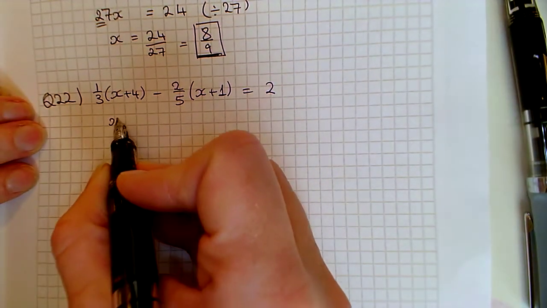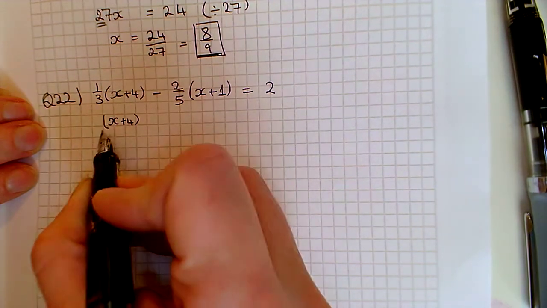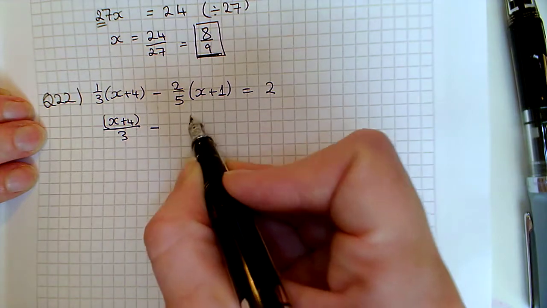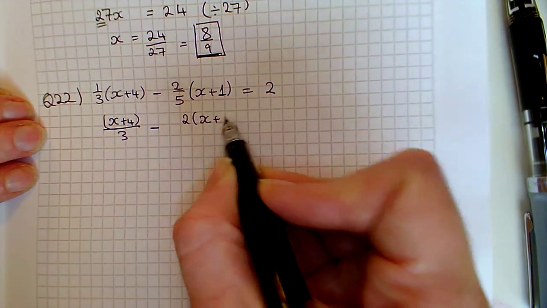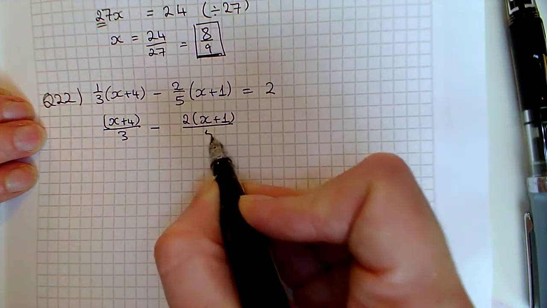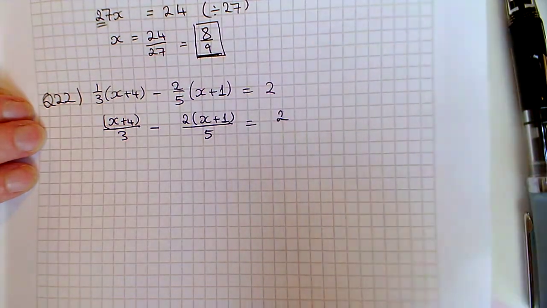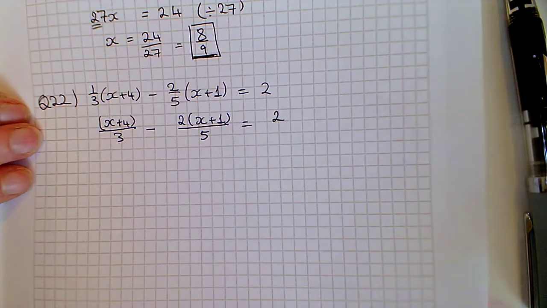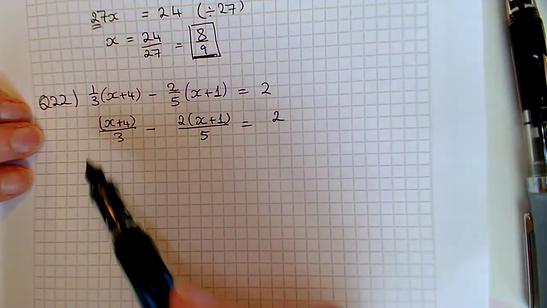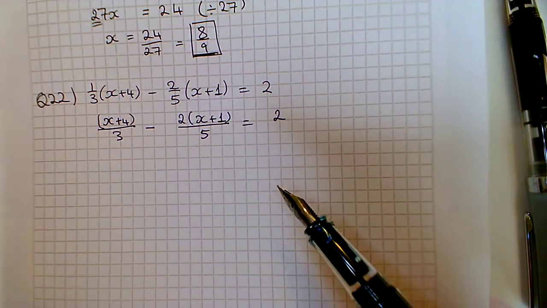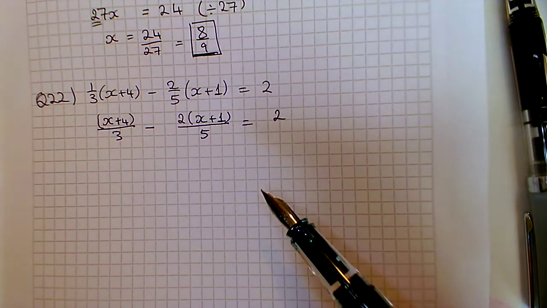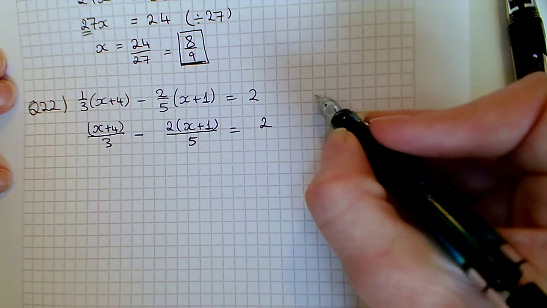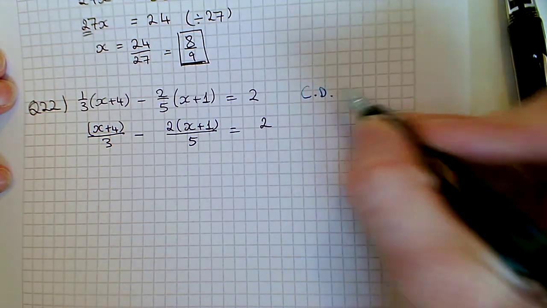So we have x plus 4, but I'll keep it in brackets, over 3 minus, now the 2 is on the top and it stays on the top, 2 bracket x plus 1 over 5 equal to 2. So now it looks a bit more familiar to me. I want to keep saying that you don't have to do this step. It's just something that I like to do so that it looks like what we've seen before, and that can help you not get confused about what you're being asked to do.